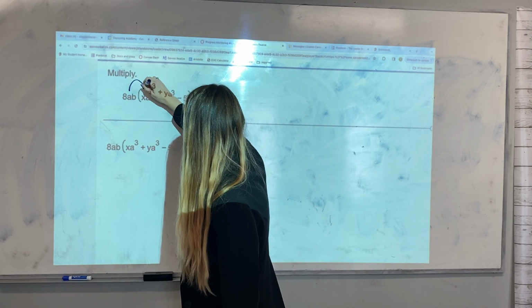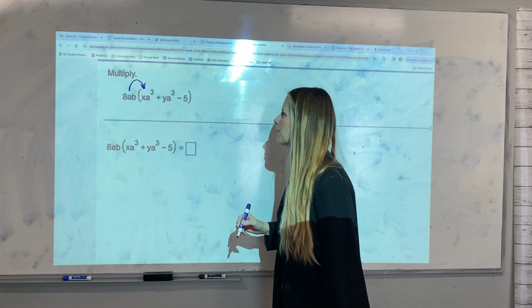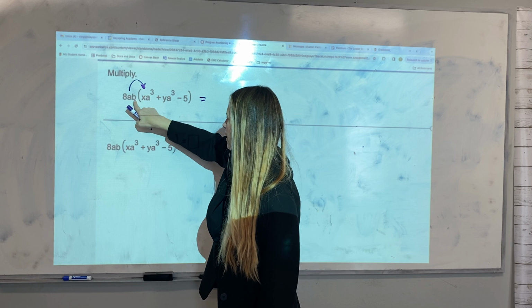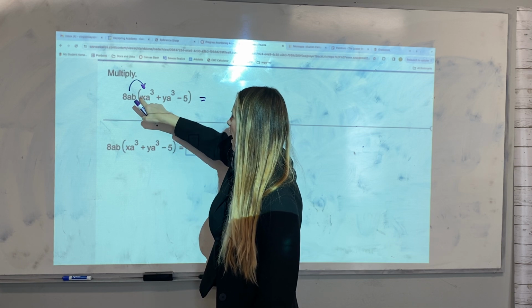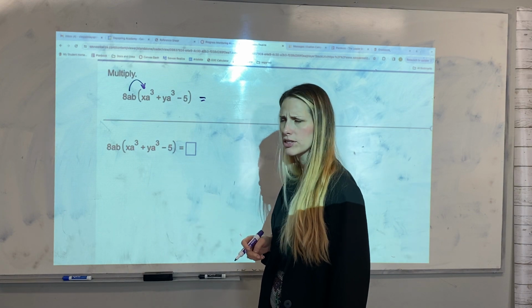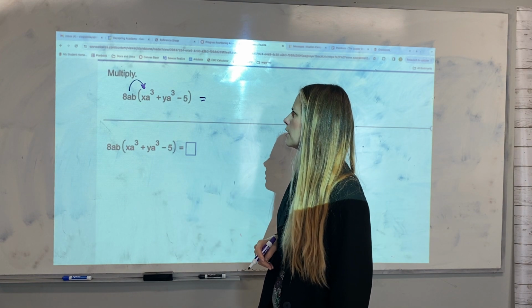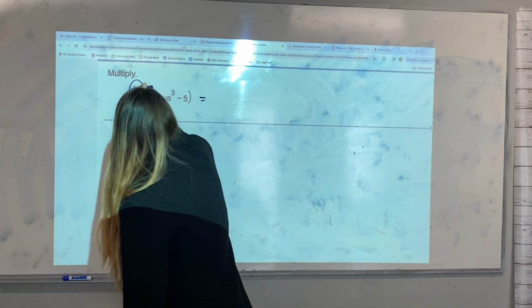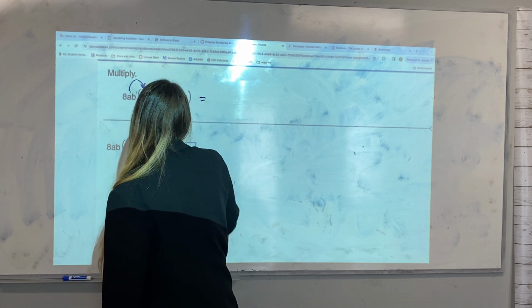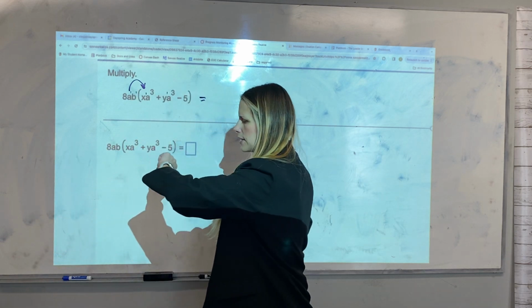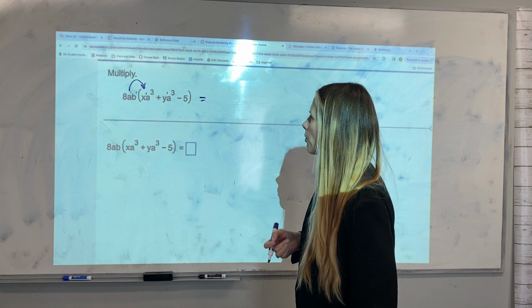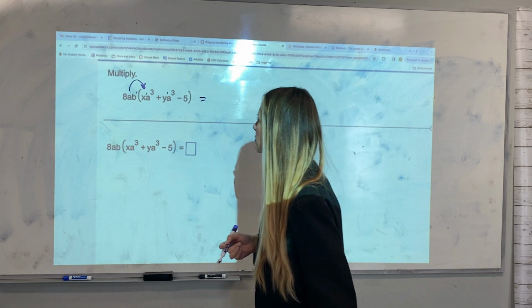So we have to distribute again. Multiply. 8ab times xa cubed. That is a lot of weird stuff. First, let's slap some clothes on, put a shirt on these guys. All of the variables that don't have exponents, I'm going to go ahead and put some exponents there.